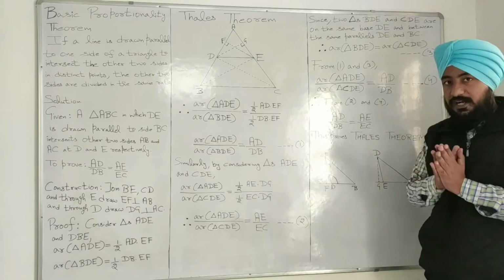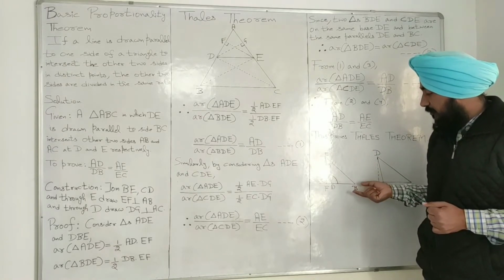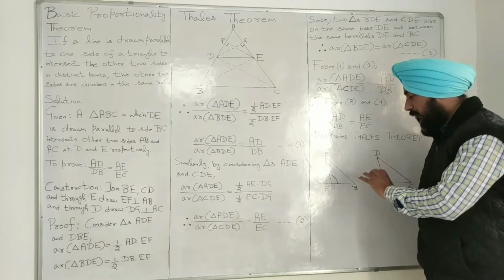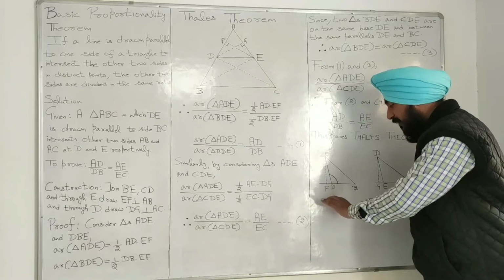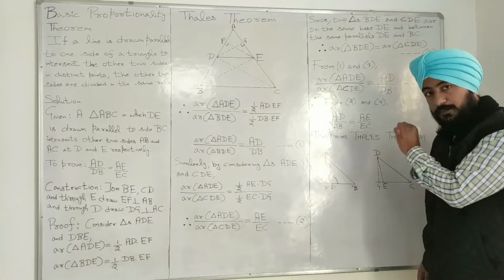So for taking the height, I have taken a perpendicular from the point E, and I have extended the base DB, and I have taken EF perpendicular on the extended or produced base DB. So this EF is representing the height of this obtuse triangle.